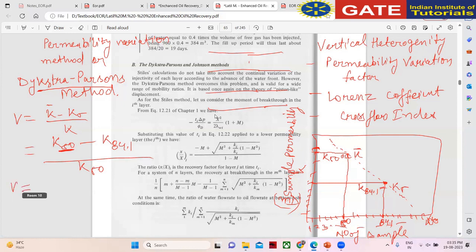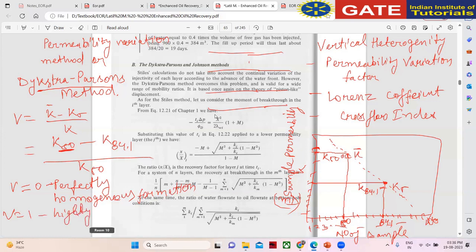When the value of V is 0, it represents a perfectly homogeneous reservoir. When the value of V is equal to 1, it is highly heterogeneous.